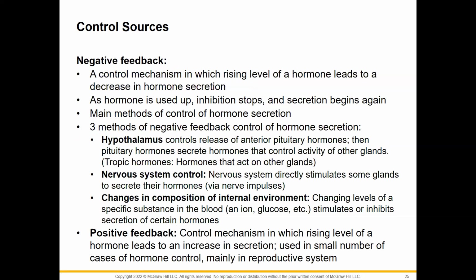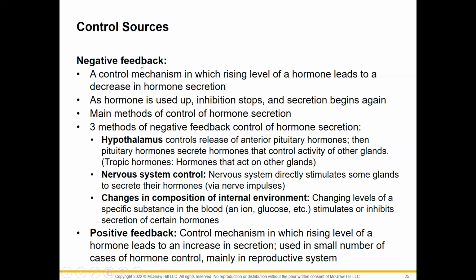All right. So we said negative feedback and positive feedback. We talked about negative feedback, how predominantly negative feedback is what's used to control and regulate your hormones. So, negative feedback and positive feedback.